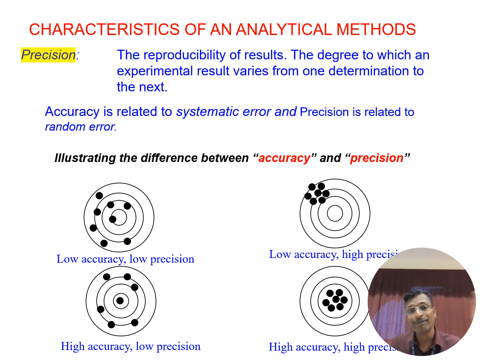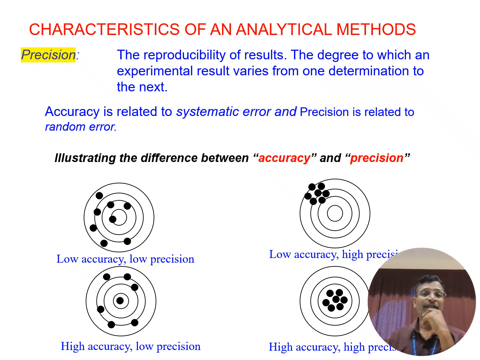But that means something happened with your method, so that you are getting high precision but low accuracy. The first one, there is no accuracy, no precision, because the values are scattered.